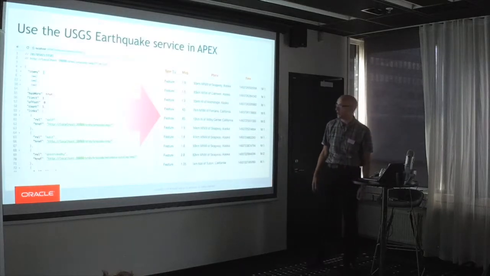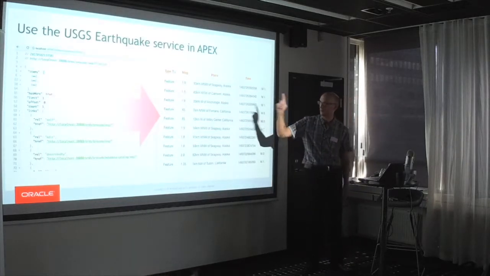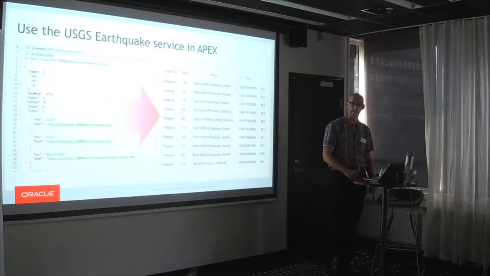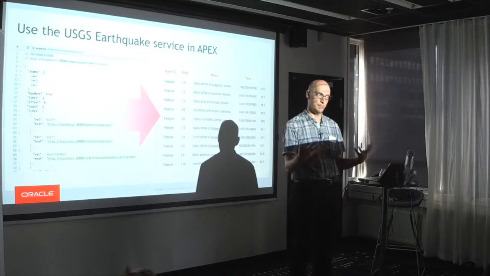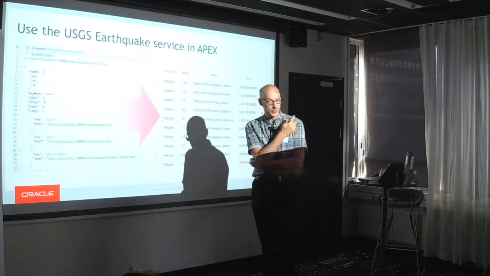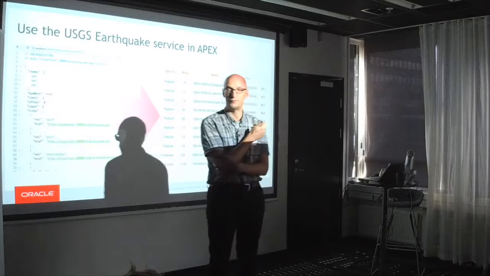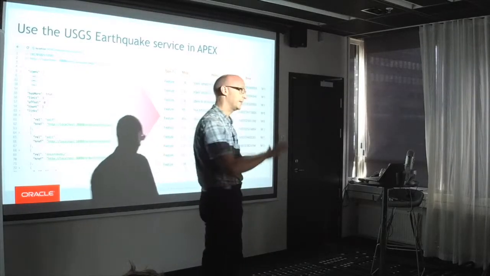Okay, so the basic part is how to come from the left side to the right side. And in 5.1 today, this means more or less you have to do it manually. We will help you a bit with the packaged applications. And with 5.2, the direction is APEX does it all for you.